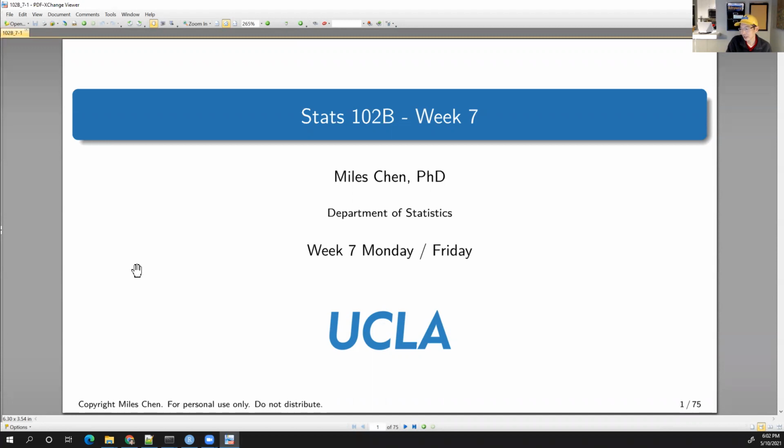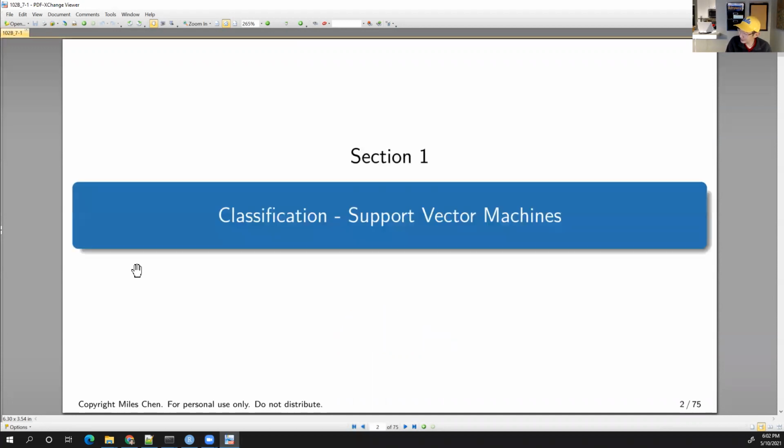All right, let's bring up our next topic. I'm going to introduce support vector machines, and this topic is still a bit of a mystery. Even if we understand conceptually what's happening, when we apply it in real life, sometimes we just tweak some parameters and hope it's able to find some kind of partition that separates different classes.